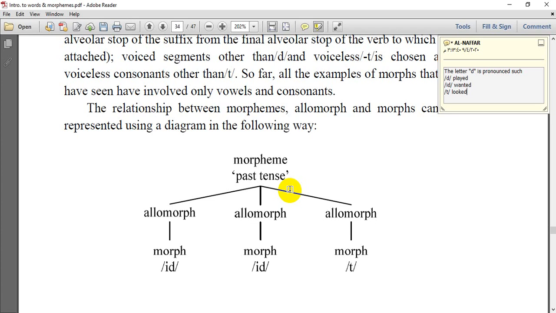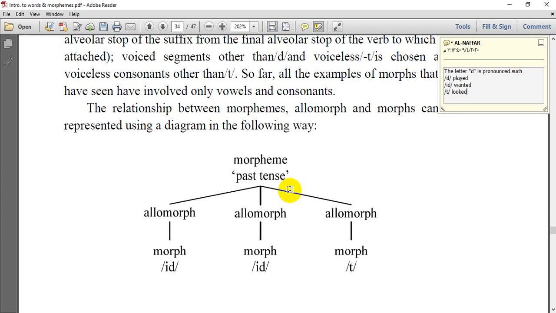The free morpheme has two types: lexical morphemes and functional morphemes. Lexical morphemes are nouns, adjectives, verbs, and adverbs. The functional morphemes merely signal grammatical information or logical relations, like articles, prepositions, pronouns, and conjunctions.